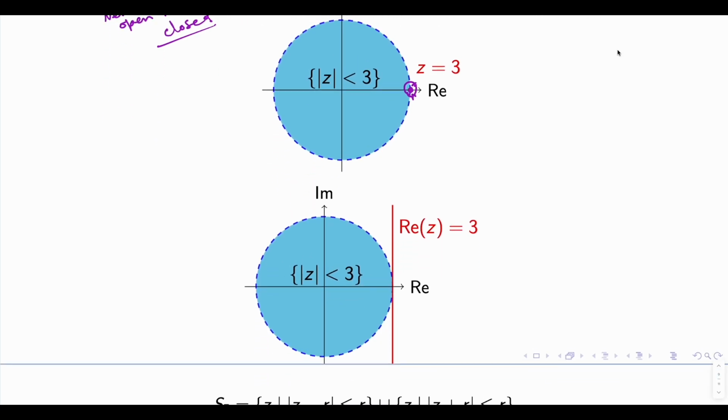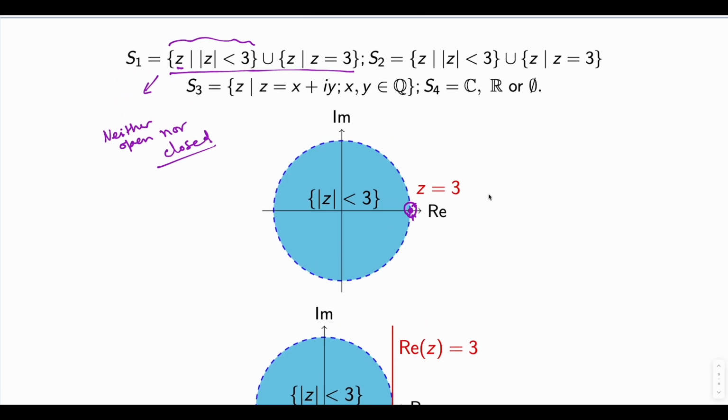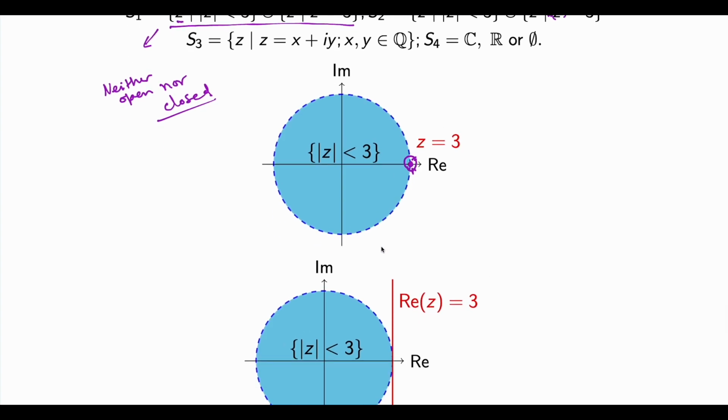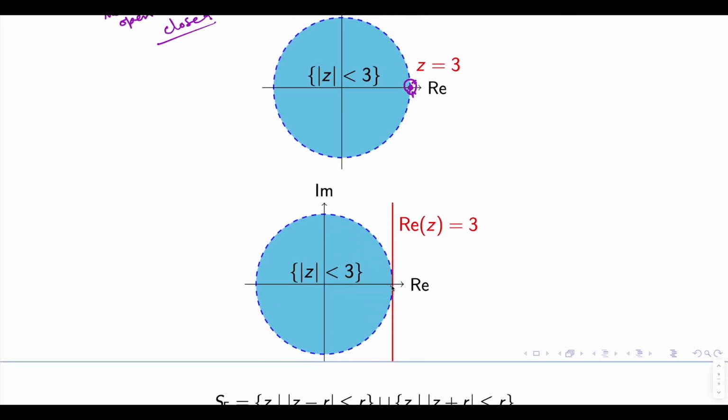Similarly, what about this set? The same structure for the second, only this second piece is going to be the real part of z. Real part of z equal to 3. So this open disk along with this line, and we have already seen that this point is no longer a boundary point.